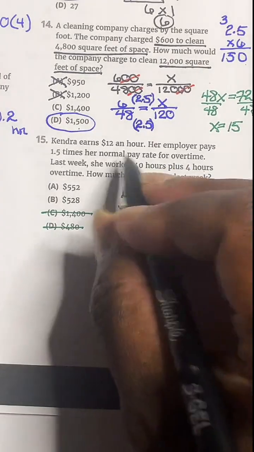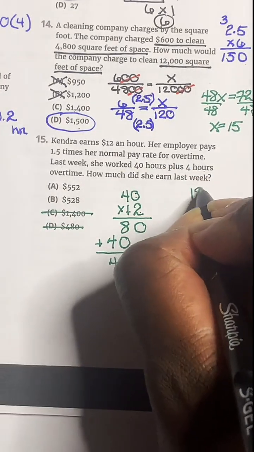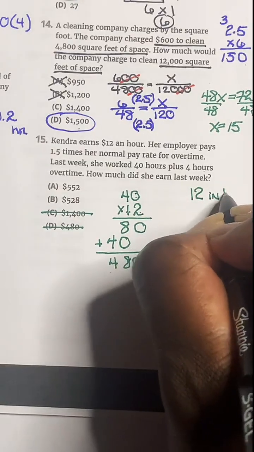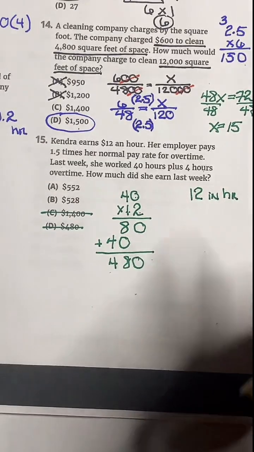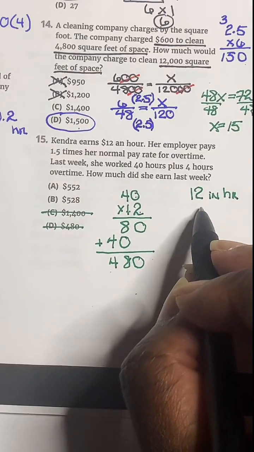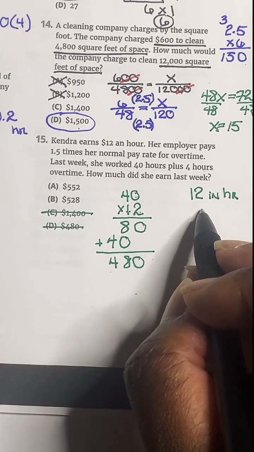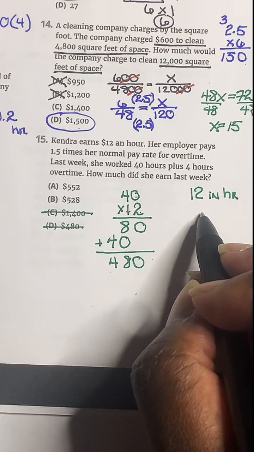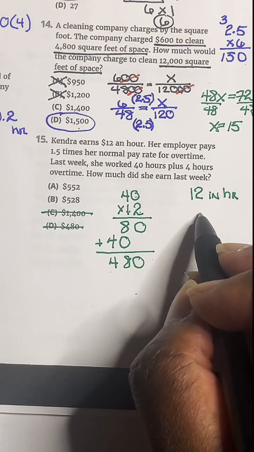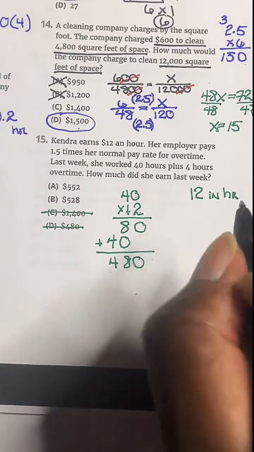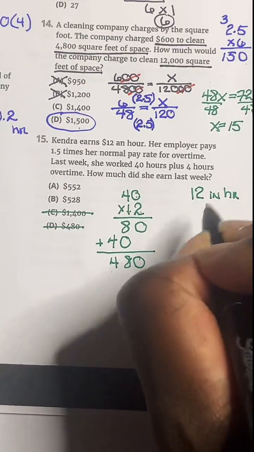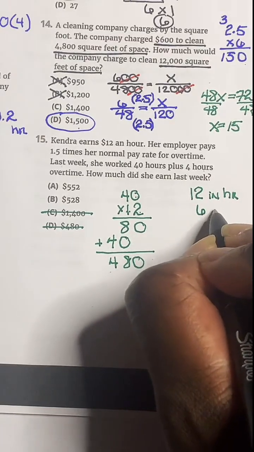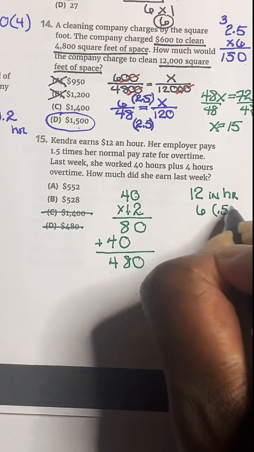So if she earns $12 in 1 hour, what's half of that? What's half of that? If you're making 12, good. All right, big eye, I see what you're doing. So this is going to be for the 0.5 of an hour.